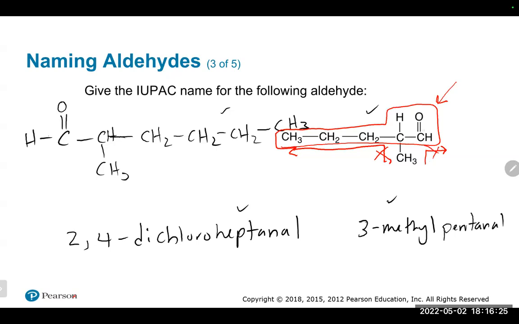All right, so we got 1, 2, 3, 4, 5 carbons. This is our aldehyde group right there. So 5 carbons is based off of pentane. It does become pentanal.